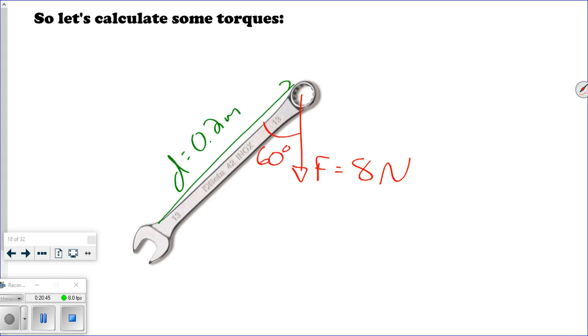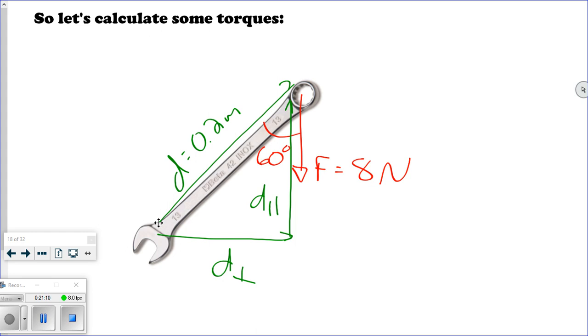Now it's easier to see my perpendicular component on my lever arm, and here's my parallel component. The math is literally the same problem I just did, but I turned everything to make the wrench crooked instead of the force crooked.